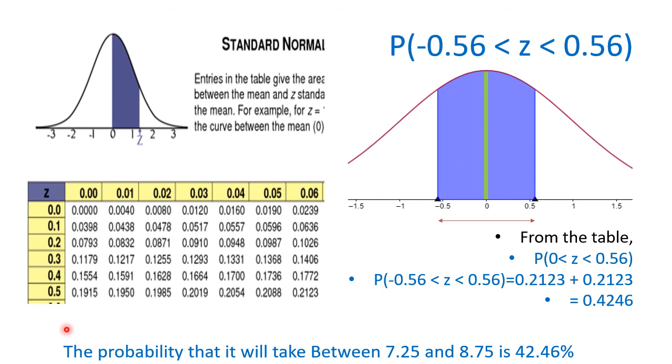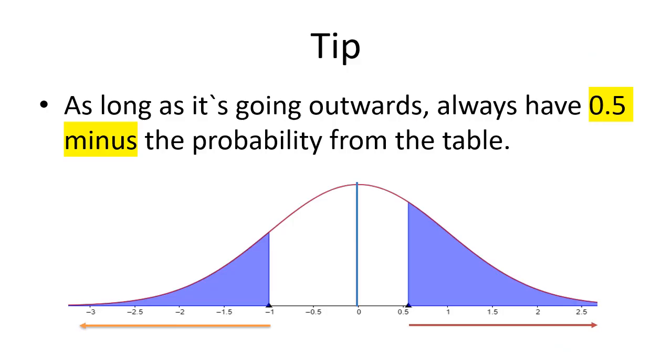In an exam, always attempt this because it's a mark that you would get with no effort. So to interpret the answer, you're going to say the probability that it will take a person to complete the questionnaire between 7.25 and 8.75 is 42.46%. All right, so that is what you would do.